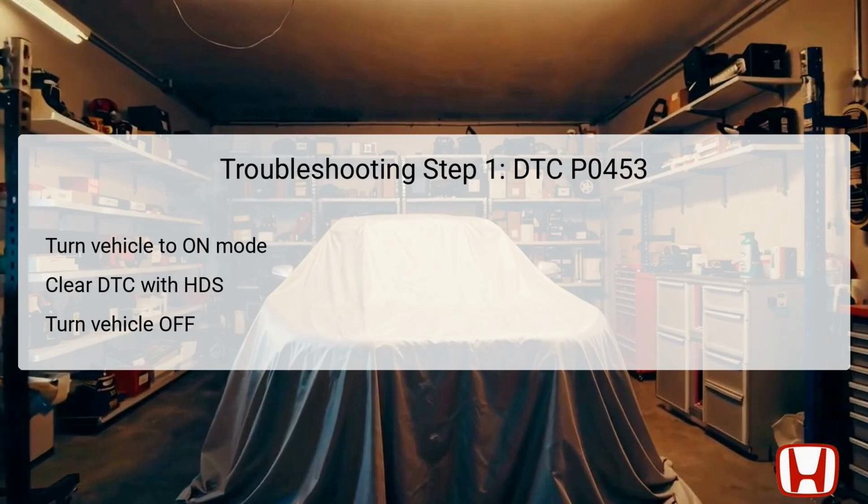After clearing the DTC, ensure the vehicle is turned off, which allows for a system reset and prepares the vehicle for further inspections. This procedure is crucial as it establishes a clean slate for evaluating any persistent sensor issues or wiring faults without previous error interference. Verify that the next steps follow this reset properly to efficiently narrow down the source of the high voltage issue from the FTP sensor.